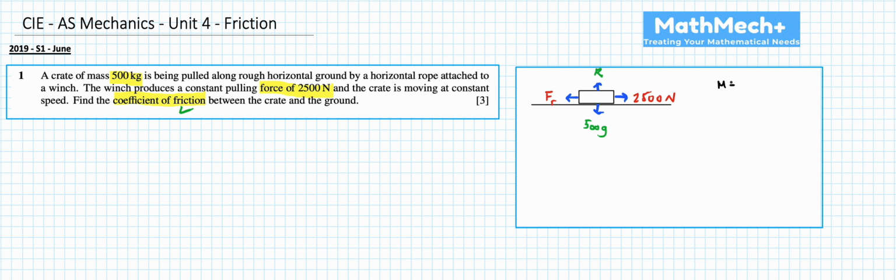This is question 1 on a paper from 2019, so you can tell it's the first question. It's not too expansive. It's 3 marks, and it's 2 steps basically. So 2,500 is our force, take away the friction, which is mu R in this case, and is equal to 0.